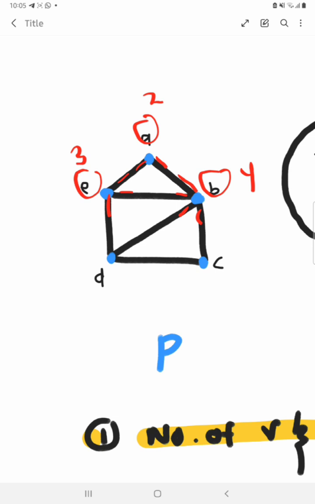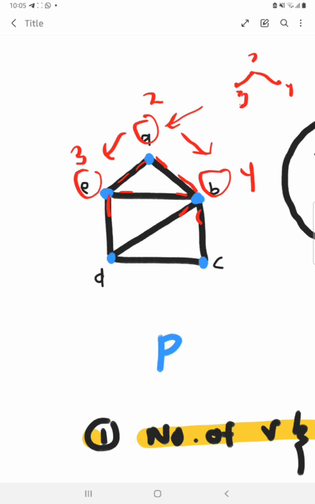For example, we choose the point A. Point A has the neighbors of 4 and 3 degree. So it's like this: 2, 4, 3, right?